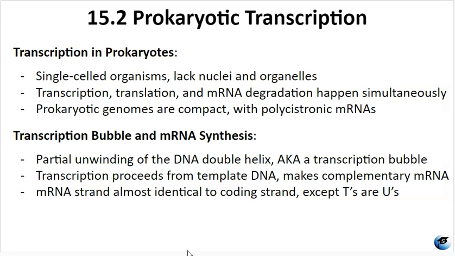This efficient process rapidly increases the level of proteins through multiple transcription and translation events occurring on the same DNA template all at the same time. So prokaryotic genomes are compact and their transcripts often span multiple genes, resulting in what are known as polycistronic mRNAs that produce more than one type of protein.